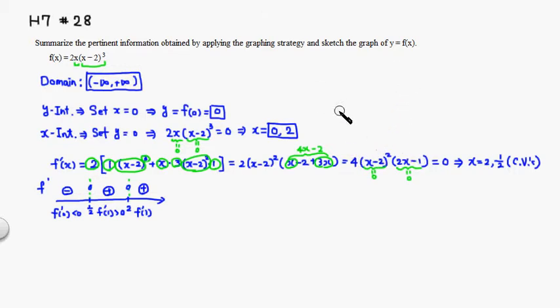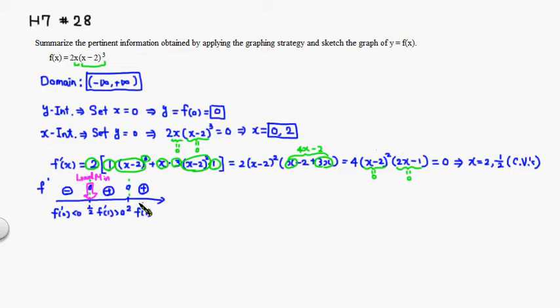All right, so let's see, we want to see if there's a local maximum. You can see that it's decreasing to increasing, so this is going to be a local minimum. So right here, you're going to have a local minimum.